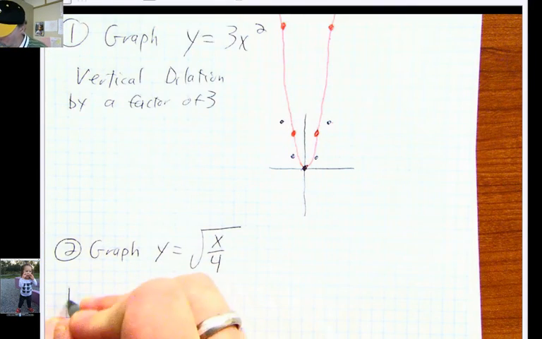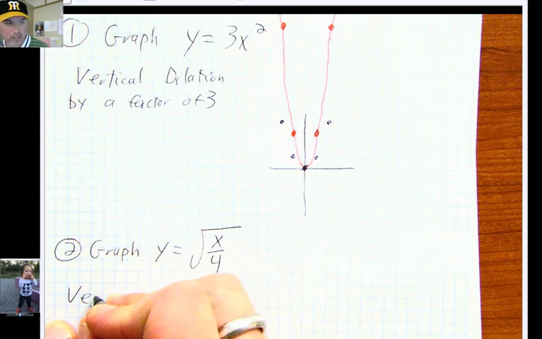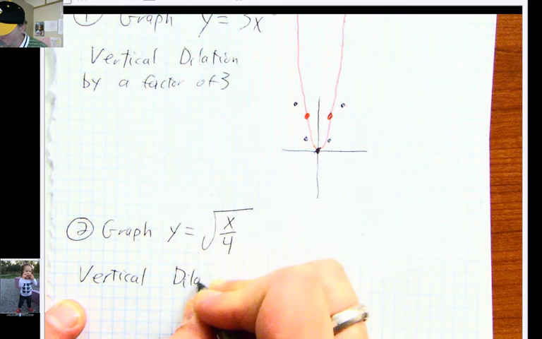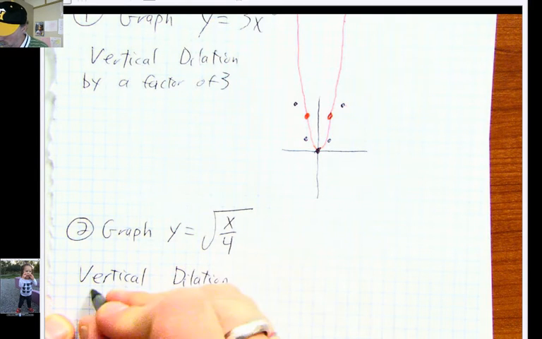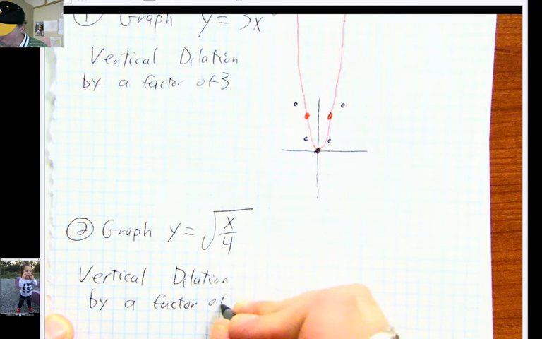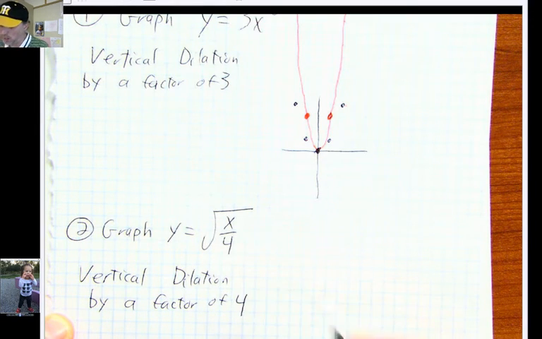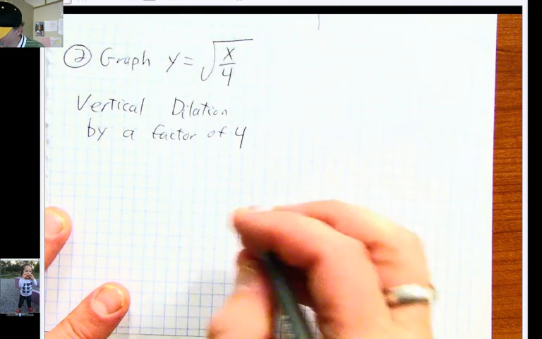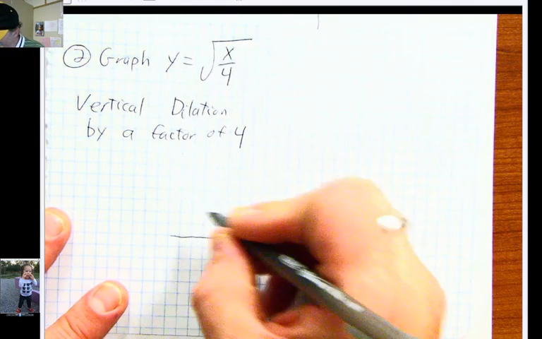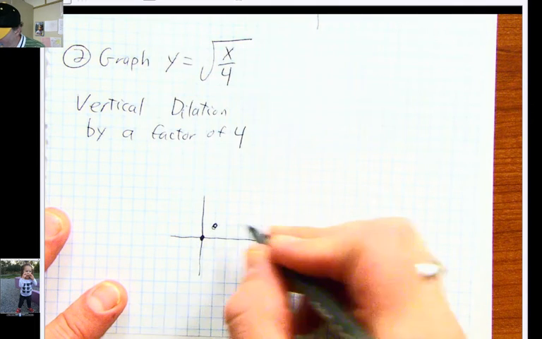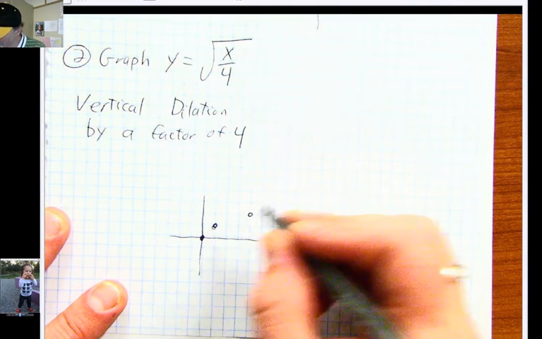And the a is 4 in this case, so we are looking at a horizontal dilation by a factor of 4. So I take my parent function in this case as my square root graph, y equals square root x. Those have key points at 0, 0, 1, 1, and 4, 2.